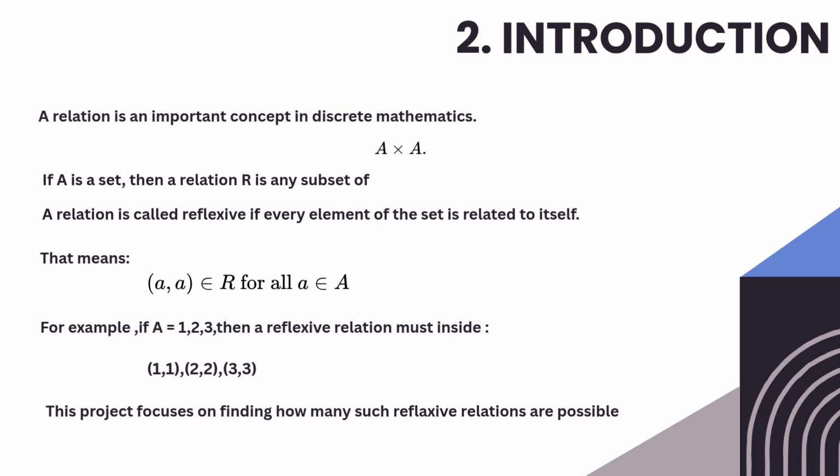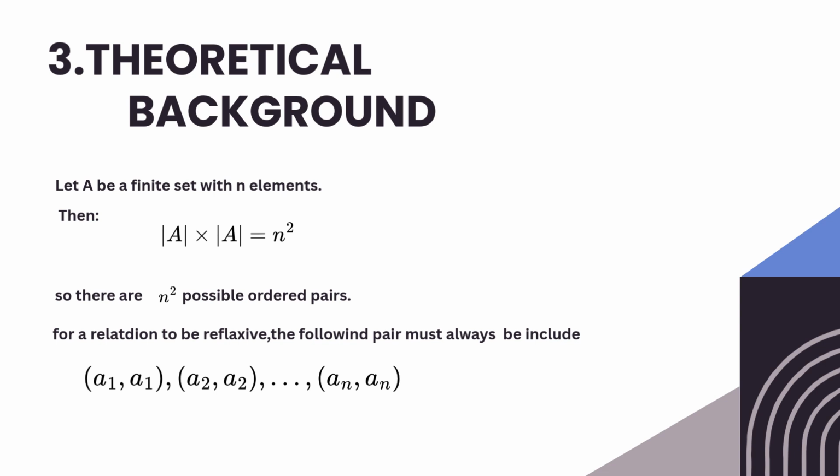Now I would like to explain the theoretical background of this topic. Let A be a finite set with n elements. Then the Cartesian product A cross A contains n squared ordered pairs because each element of the set can be paired with every element including itself.